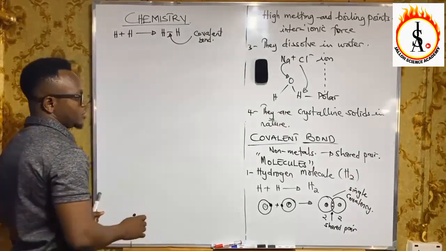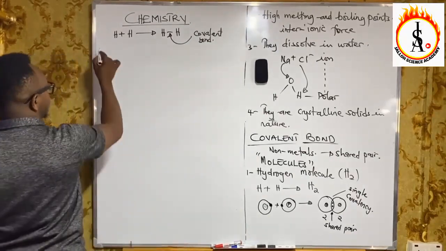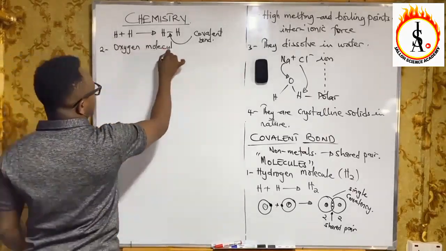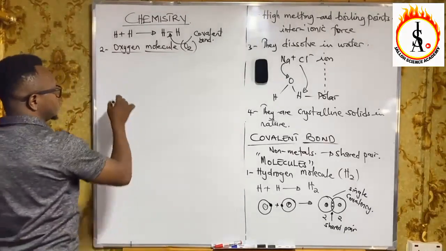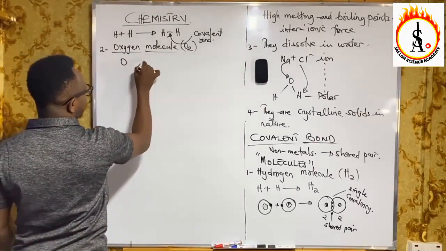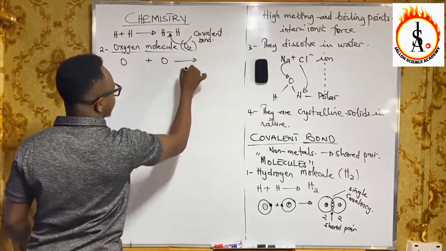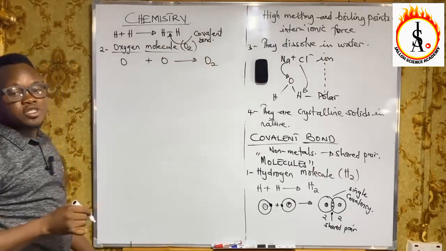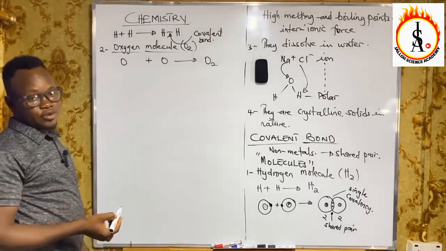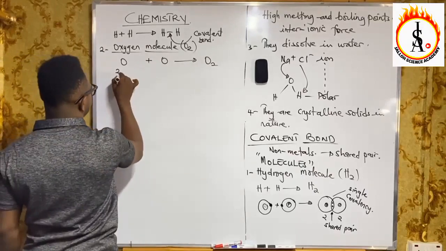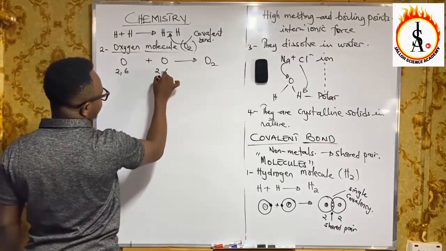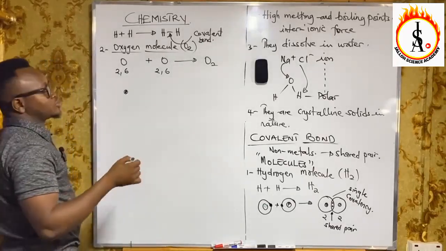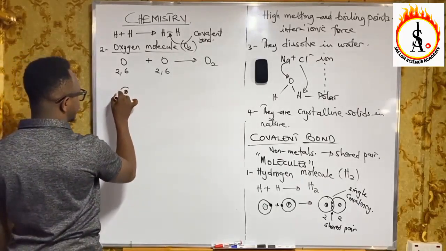Another example we can look at is the formation of the oxygen molecule. Oxygen molecule is formed by reacting 2 atoms of oxygen to give you oxygen gas. Each of these species contains 8 electrons, with configuration 2,6 here and 2,6. Looking at the structure, in the nucleus, oxygen has protons and neutrons.